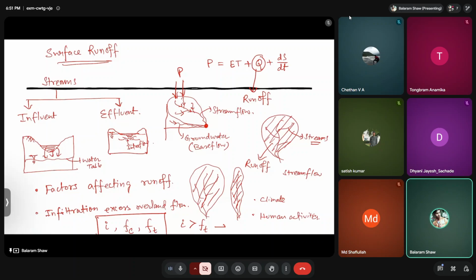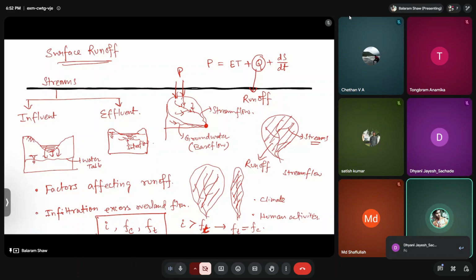We have talked about this last class, right? If the rainfall intensity is more than the infiltration capacity, then the infiltration rate will be equal to the infiltration capacity, correct?